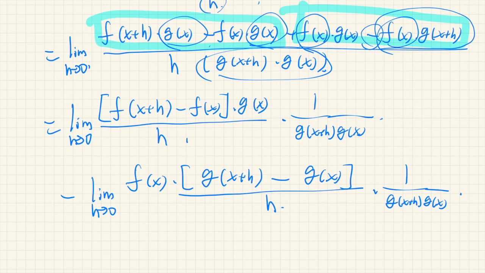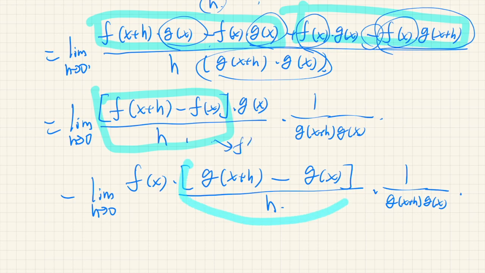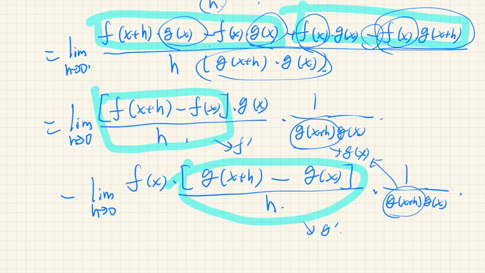Okay, so this part converges to f prime, and this part converges to g prime, and this part converges to g of x, and this part also converges to g of x.